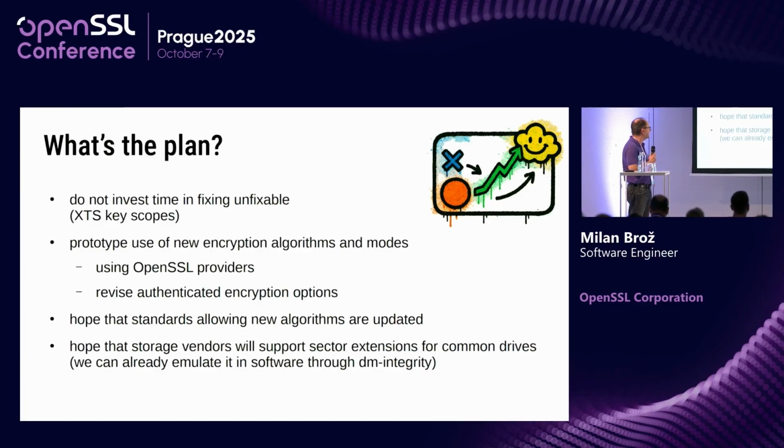So that's my plan. I hope the certification bodies will somehow allow Argon2 as an algorithm, and probably work on new encryption mode standardization. And what I really wish is that storage vendors will provide firmware for common drives with additional metadata, so we can finally use authenticated encryption. If we can use encryption at the file system level or application level, do that, it's better.